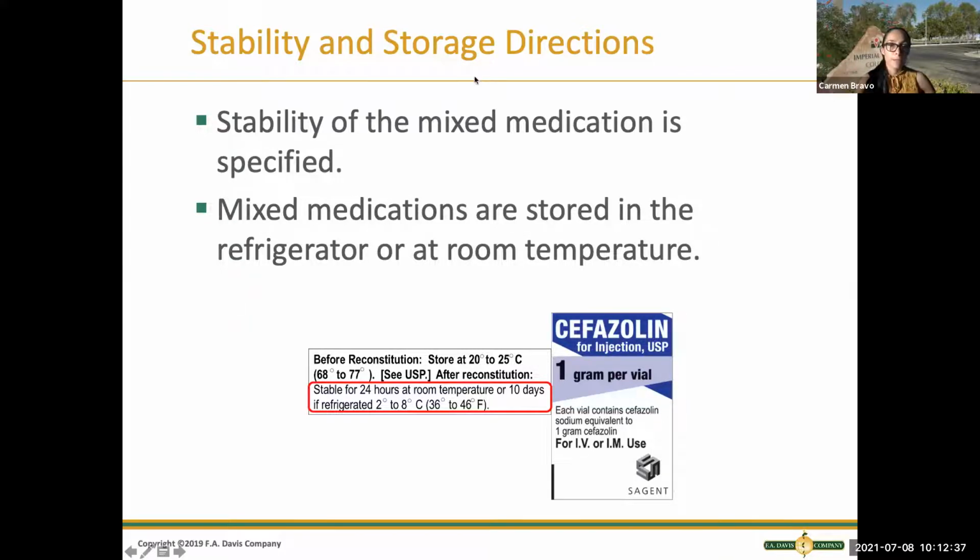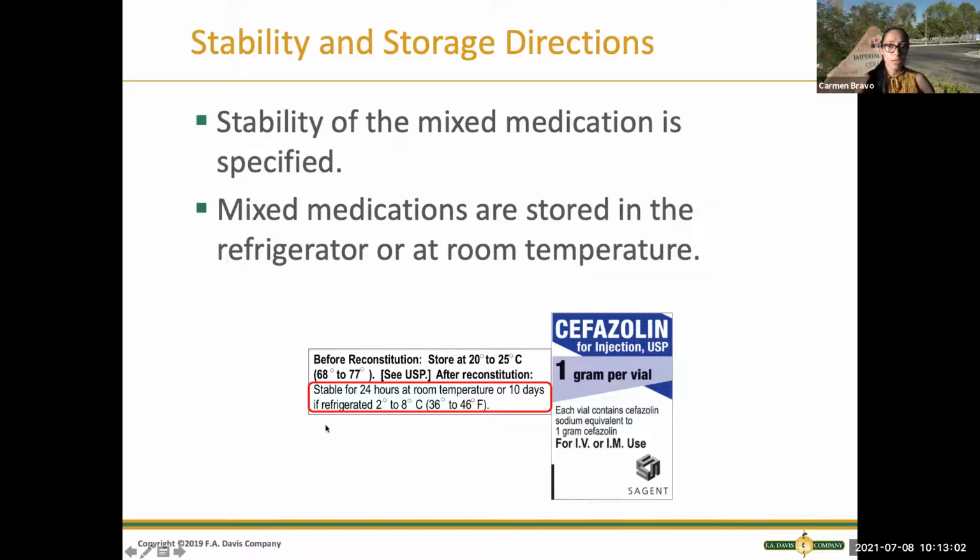Okay. The stability and storage of the medication. That's the same. If you have medications that are mixed, they have to be either stored at room temperature or refrigerated. And it tells you for how long and the temperatures that they should be. And that should always be there, okay? You just have to make sure that you take a look at it.